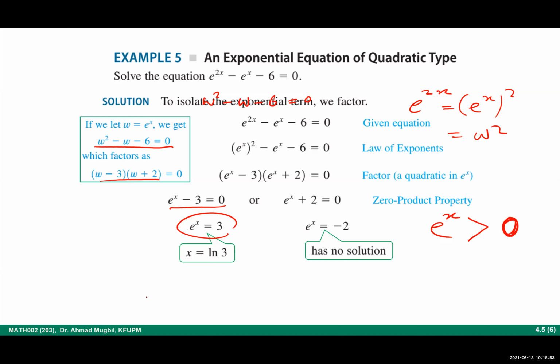So it is impossible to be 0 and impossible to be, of course, negative. It could approach 0 at infinity: when x goes to negative infinity, then e to the power x goes to 0. But I'm talking here about exact value. So e to the power x is greater than 0 for all x. This is why we have only one solution here.